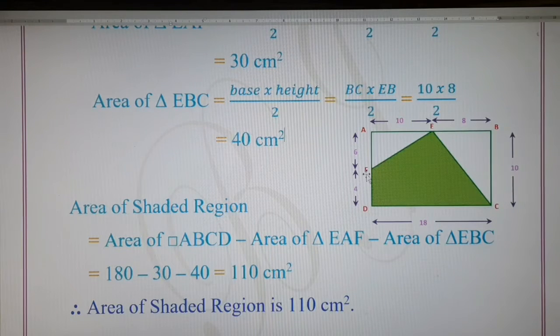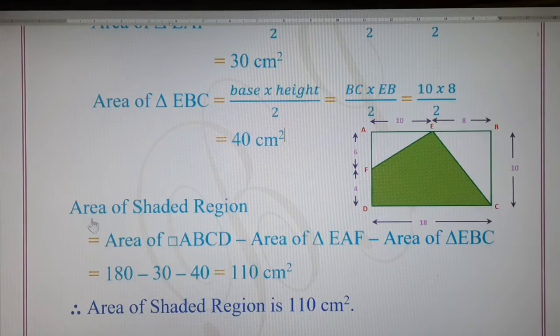This green colored shaded region, we have to find the area of. So to find the area of this green colored region, we have to subtract the two triangles from the whole rectangle. So area of shaded region is equal to area of quadrilateral ABCD, that is the whole rectangle's area. From that we have to subtract triangle EAF, and we have to further subtract the other triangle, that is the area of triangle EBC.